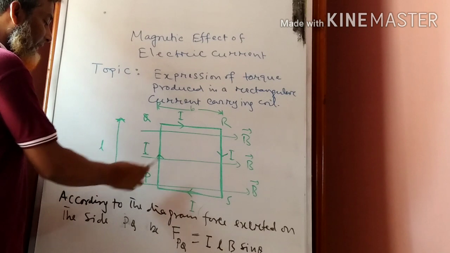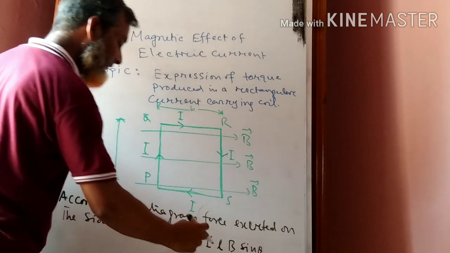Flow of current I, its length is L, and magnetic field is B, with angle theta.